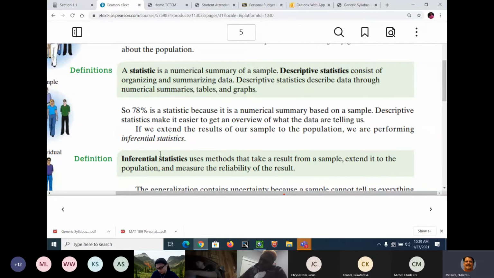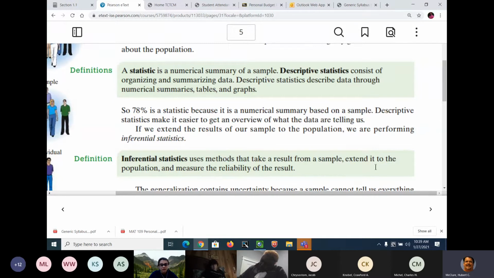Descriptive is finding data and analyzing it and interpreting it. That's descriptive. Inferential is using someone else's data, not necessarily all the time, but mostly, and predicting. That's extending it to the population and measuring the reliability of the result.